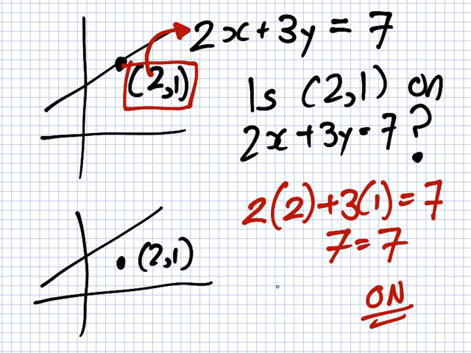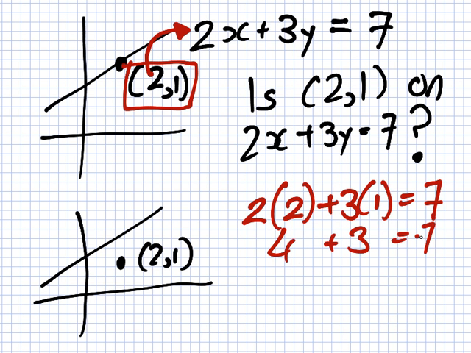Okay. This one doesn't change? 2x, 2 times 2, yeah, that's 4, I'll write it down here. That's 4 plus 3 equals 7. That's 7 equals 7, so it's good. No, I mean it doesn't change, the 2x plus 3y. Or it means the equation, like, rearrange it.